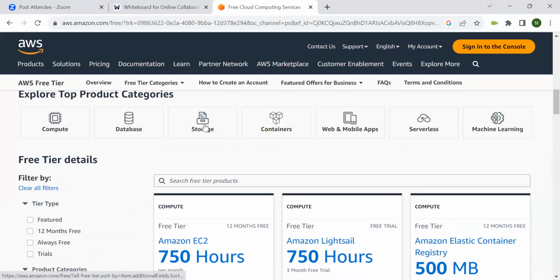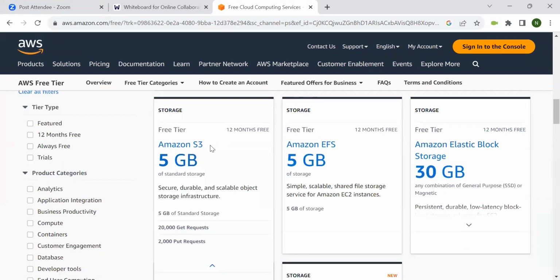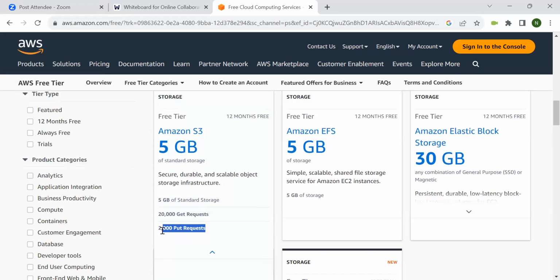For example, if you check the storage related services, they are offering S3 with 5 GB for the 12 months. And among them, they only accept 20,000 GET requests and 2,000 PUT requests. You can put your files or objects only 2,000 times, not more than that.